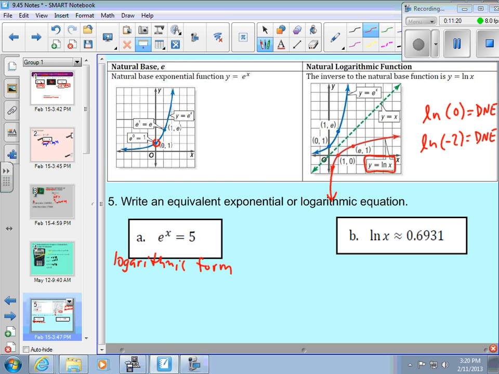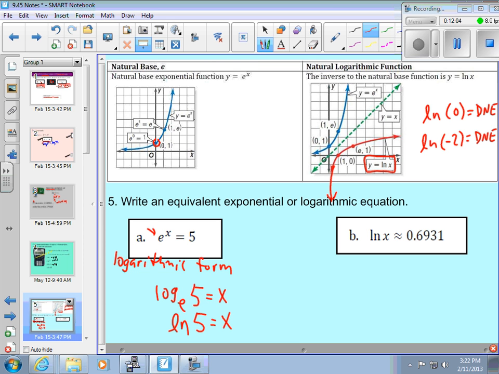The base of the exponent, which here is e, is going to become the base of our log. So we got log base e of 5 equal to x. Well, remember we said log base e is the same as the natural log of 5.